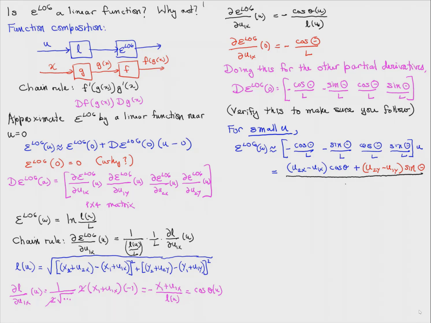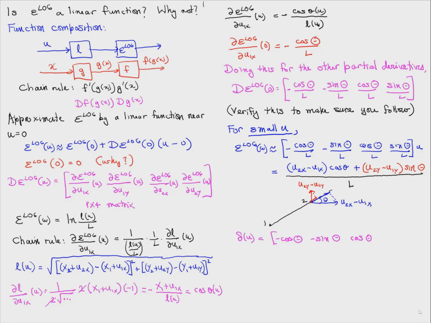And let's see geometrically what this means. So if we take a member, the first term in the numerator is the projection of the x component of the displacement along the member. And the second term in the numerator is the projection of the y component of the displacement along the member.